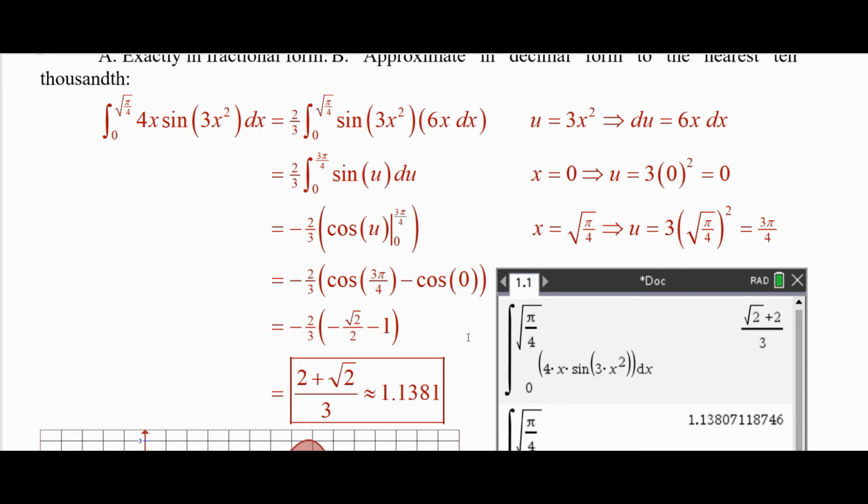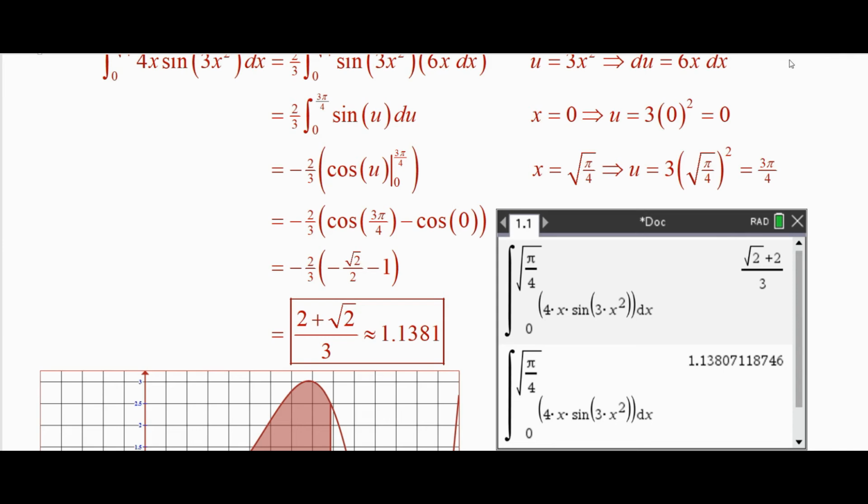And I just distributed this and found a common denominator. So when I distribute this, I have the 3 in the denominator. I'm going to distribute the negative 2.